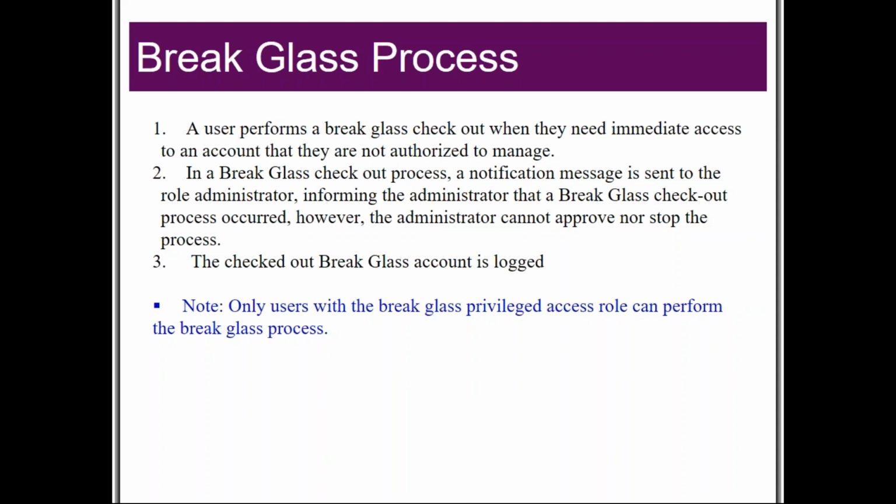Basically, it's just letting them know that we've initiated the break glass process. And then one of the most important things is that checked out break glass account is going to be logged. And as I have here is a note, only a user with the break glass privileged access role can perform the break glass process. So that's kind of what it would look like in a real life situation.